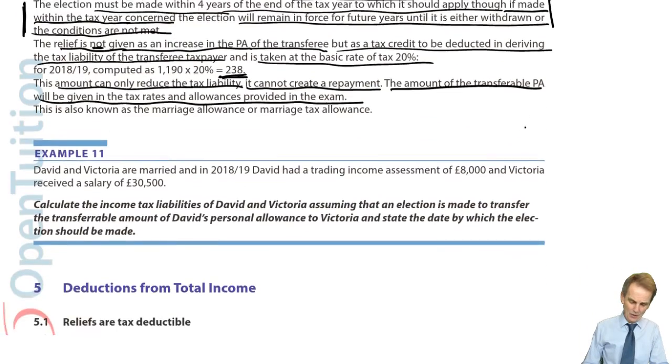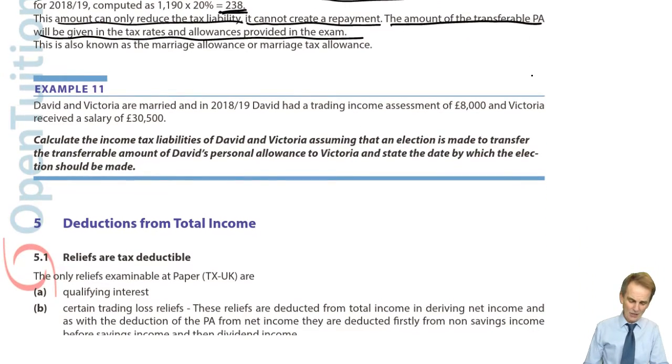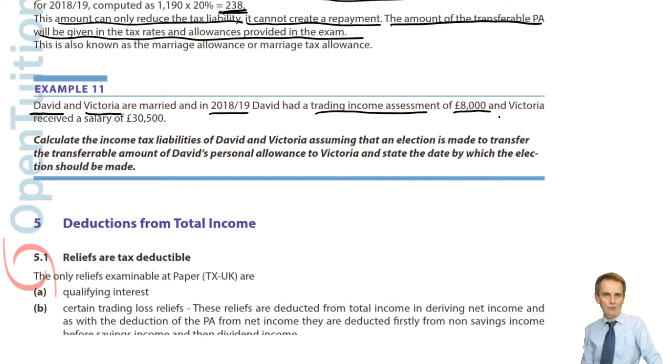And we've got that situation witnessed in example 11, where we've got, I wonder who this could be, David and Victoria, who are married. In 2019, David, believe it or not, has a trading income assessment of £8,000. Clearly, therefore, there is unused personal allowance: with a personal allowance of £11,850, £3,850 worth of personal allowance is being unused.